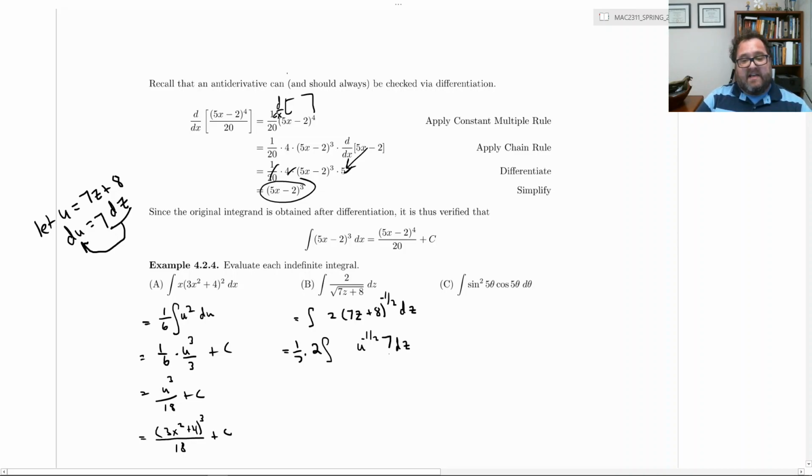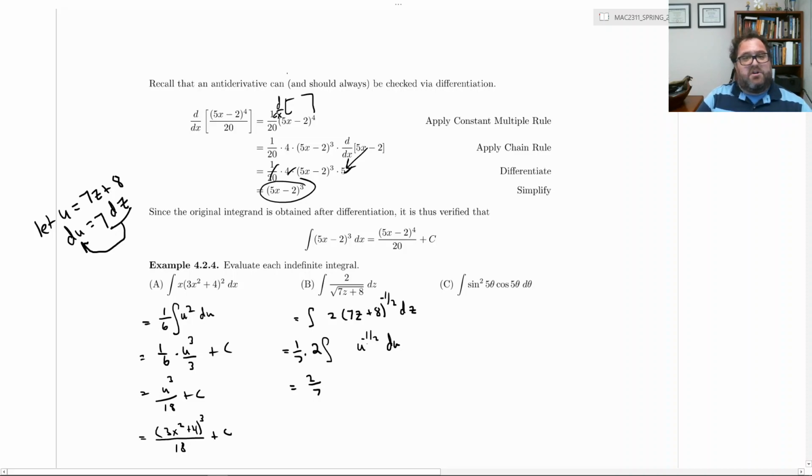And now I have 7 dz. I know that 7 dz is equal to du. And so now I have successfully changed my variable over to u, and the variable of integration and the variable of the integrand. So now I'm good to go. I do have a 2 over 7 out front, but that's just a constant that comes along for the ride.